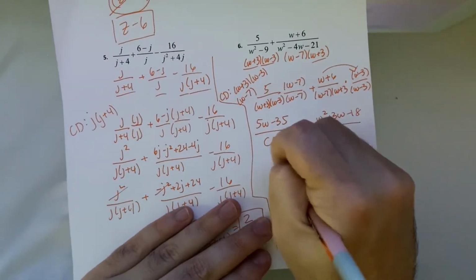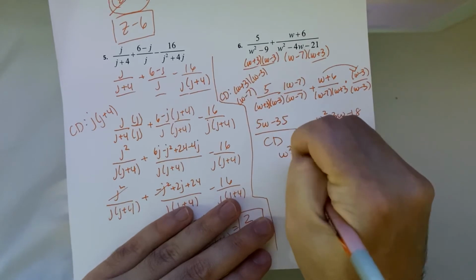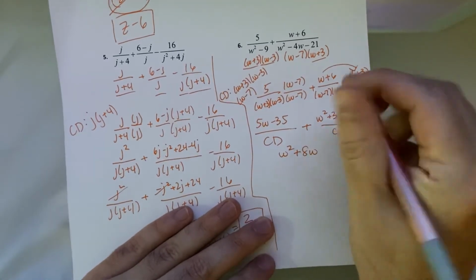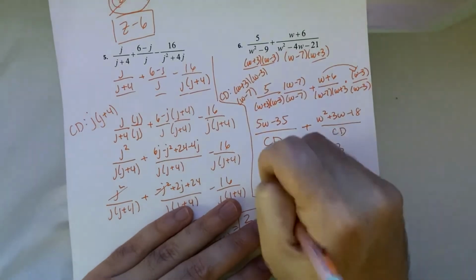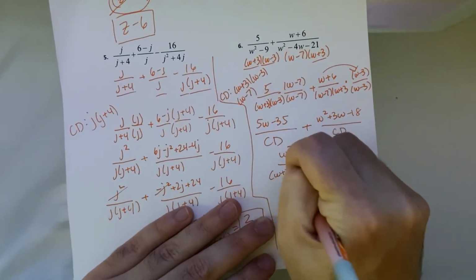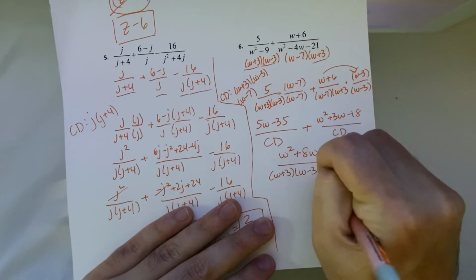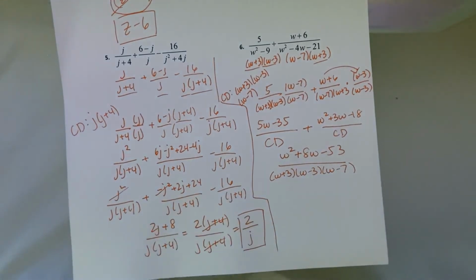Add across the numerator, w squared, looks like plus 8w minus 53 over the w plus 3, w minus 3, w minus 7. I don't think 53 factors. In fact, I'm pretty sure it doesn't. I think it's prime, which means we can't factor that and potentially cancel out factors.